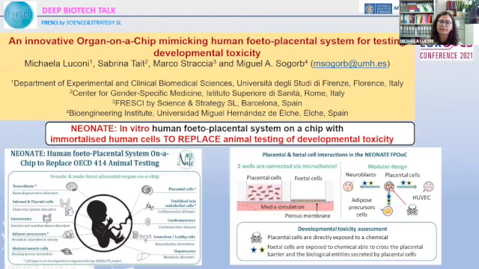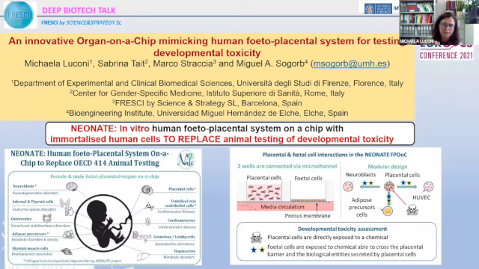And more recently, since we are interested in developing different cell types, not only from adult humans but also from fetal humans, I collaborate with Marco and other friends, Sabrina Tait and Miguel Sogorb, and we set up a consortium called Neonate, which was focused on developing different strategies for studying developmental toxicity, not using animals, but using human cells, in particular from placenta and from human fetus material, to study in an in vitro organ on a chip the effects of different chemicals and insults altering the developmental structures of the embryo.